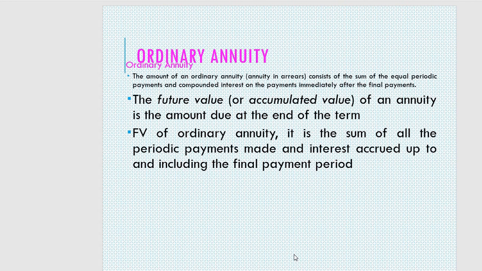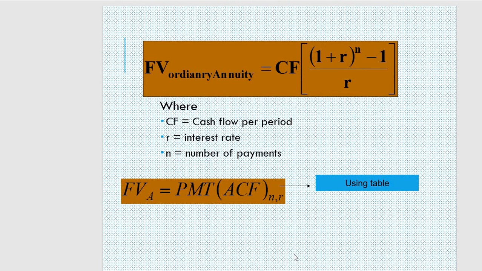Now, let's look at an ordinary annuity. Let's look at the future value of an ordinary annuity. How do we calculate the future value of an ordinary annuity? You can find it by that.